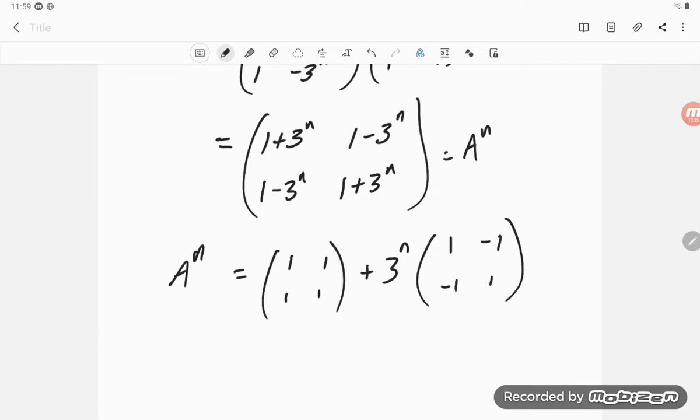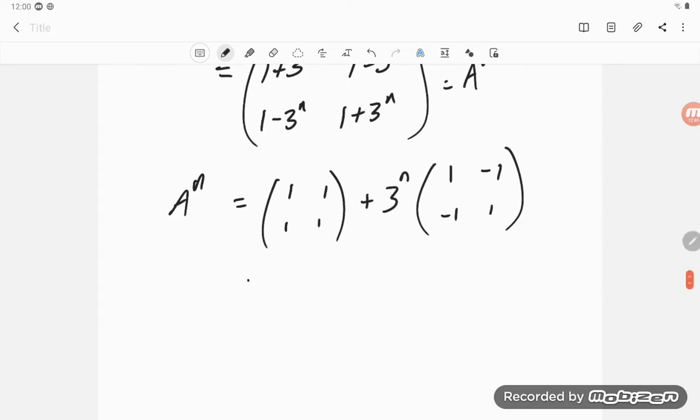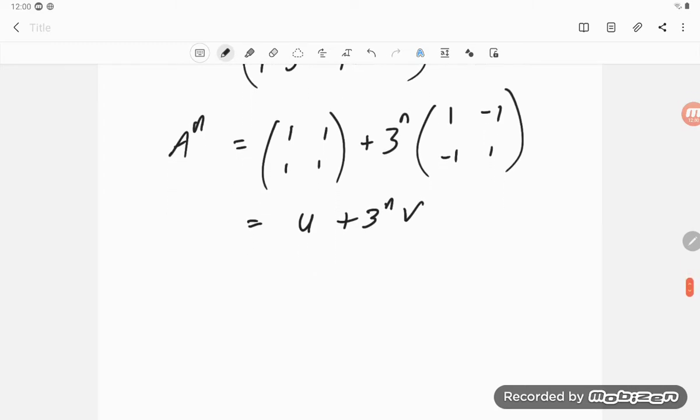Okay, and that's all they were doing. They just had those divided by 2, but they should not be. So this is their u plus 3 to the n v. Okay, but no dividing by 2. So everything's just off by that factor of 1/2.